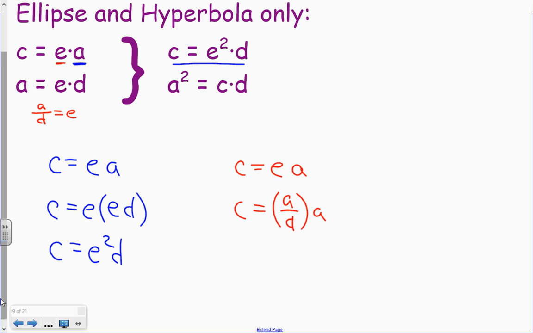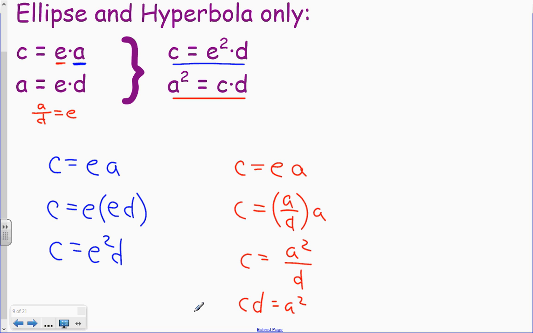Well, I have C is equal to A squared over D. And you could leave it like that, but up above we got rid of the fraction. So let's move the D to the other side. CD is equal to A squared. That's where that property comes from.